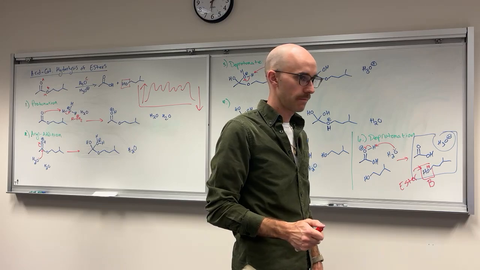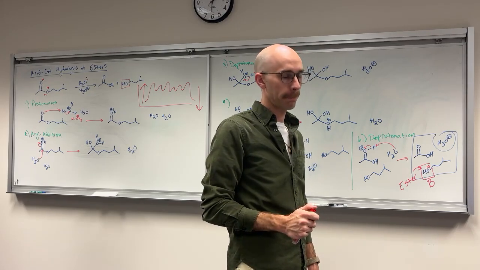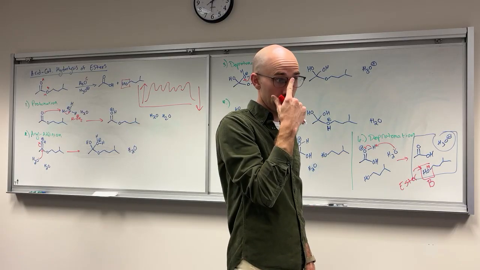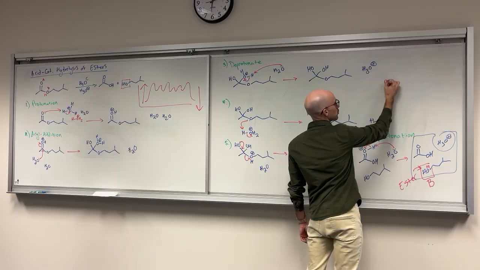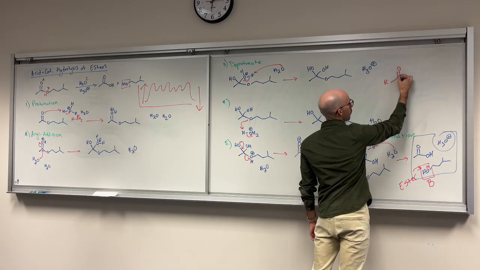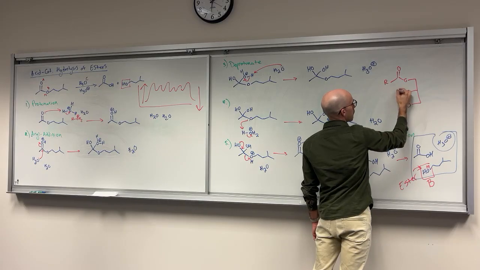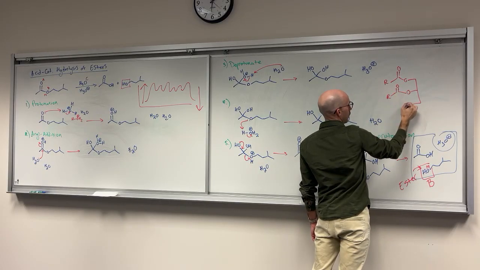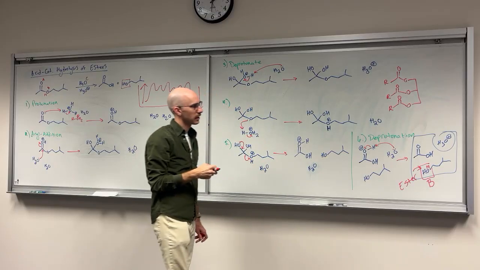Animal fats or waxes, they have an ester in the middle. So when you put acid on an ester, you're turning it into acid and alcohol. A lot of animal fats have triglycerides like this.